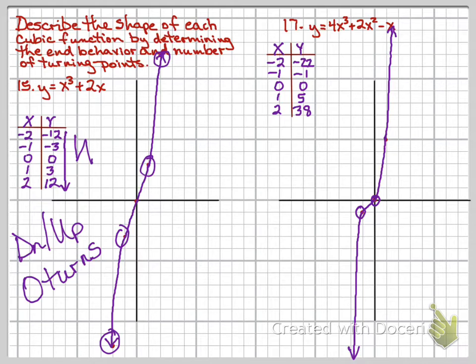I'm going to go to my table set. I'm going to start at -1, and I'm going to go to 0.1. So between -1 and 0, let's do this again.